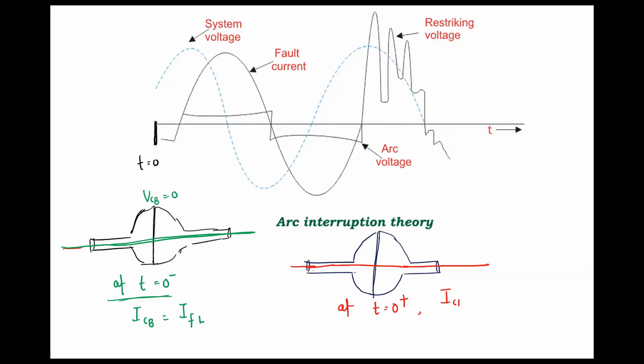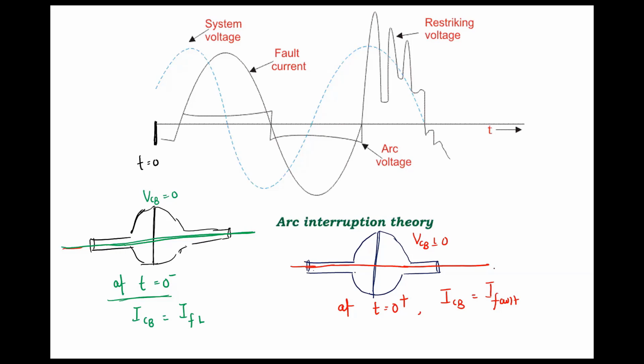The current through the circuit breaker is the fault current, whose magnitude is very high compared to the full load current. The voltage across the circuit breaker is still 0 because they are in closed condition.